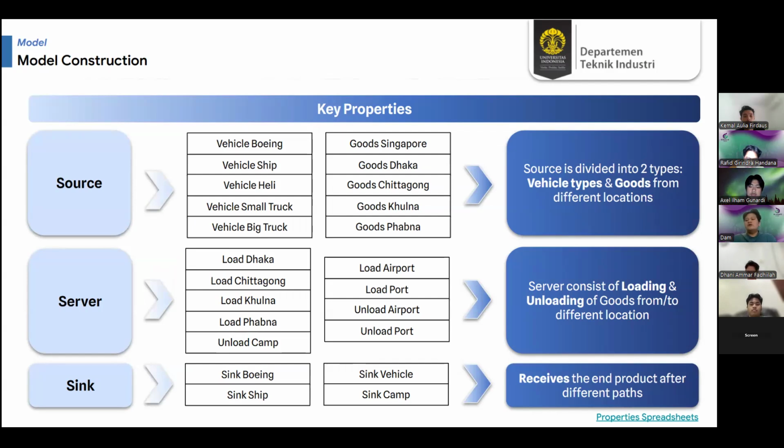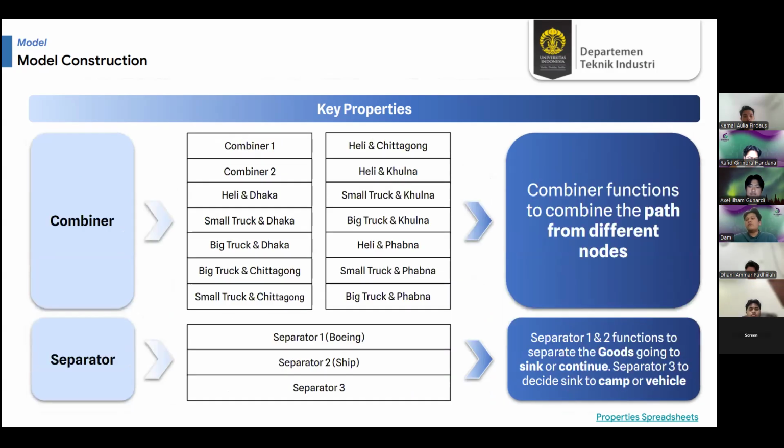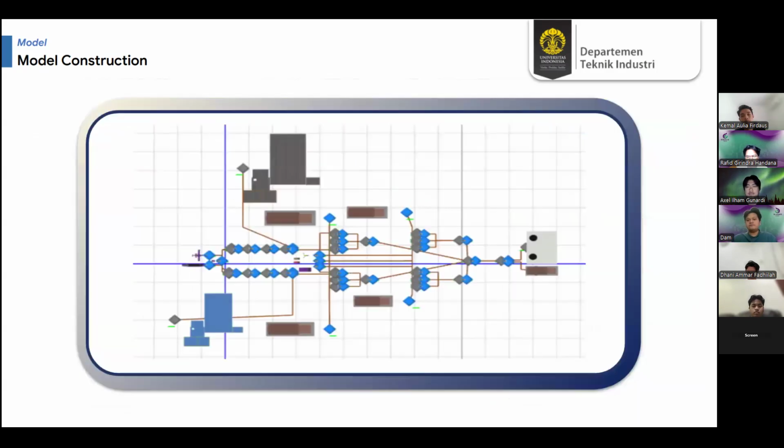The sink receives the end products after different paths. The combiner combines the paths from different nodes, and separators 1 and 2 separate the goods going to the sink or continuing. Separator 1 is the Boeing, separator 2 is the ship, and separator 3 decides between camp or vehicle. And here is our model construction.